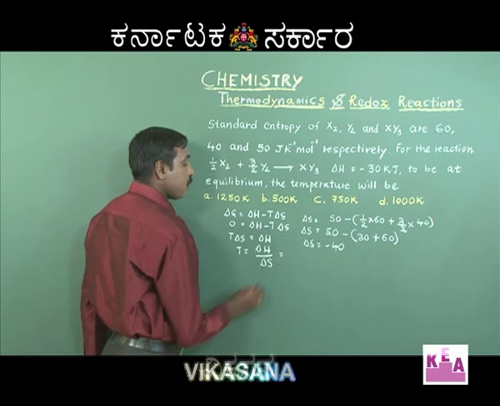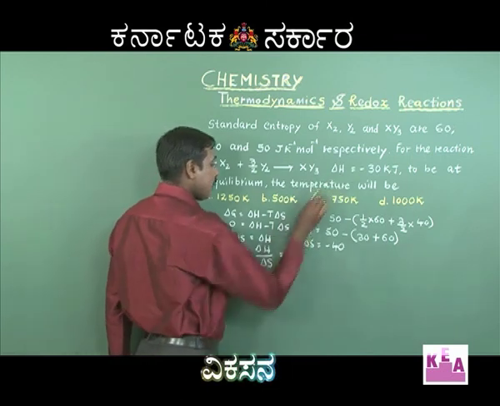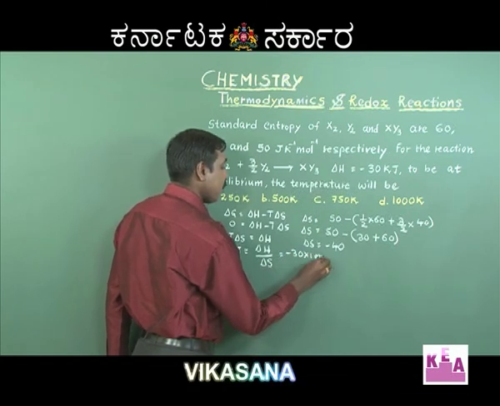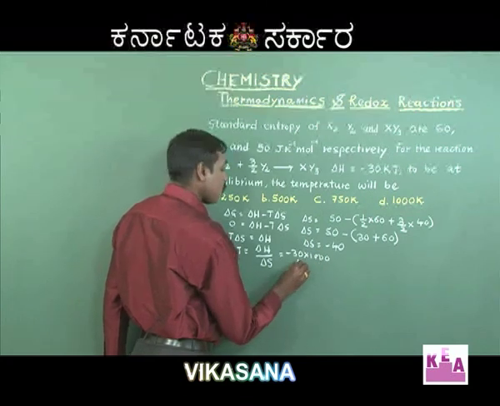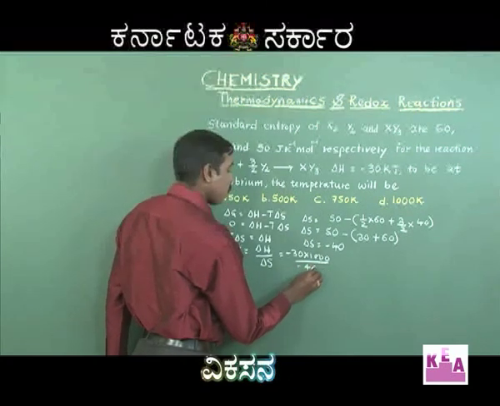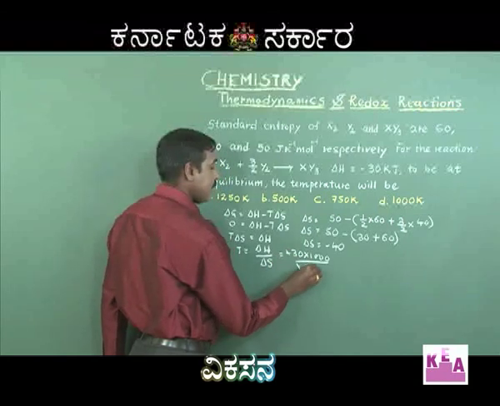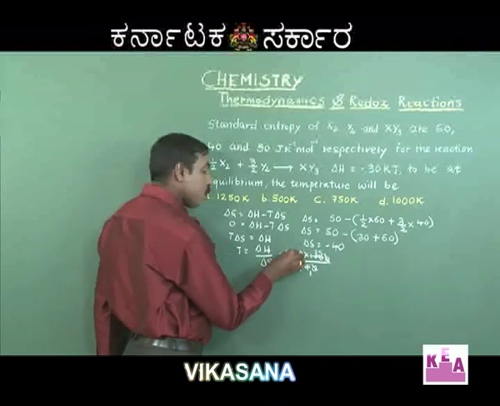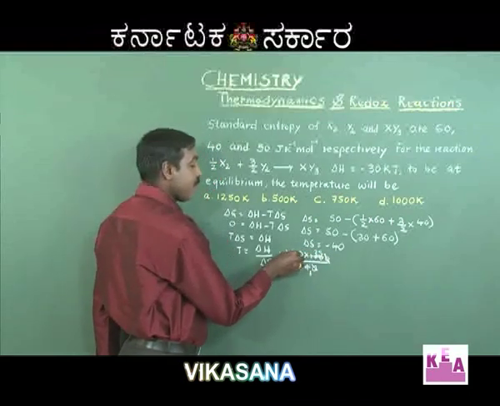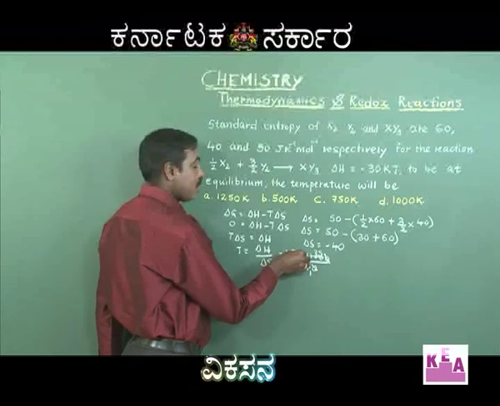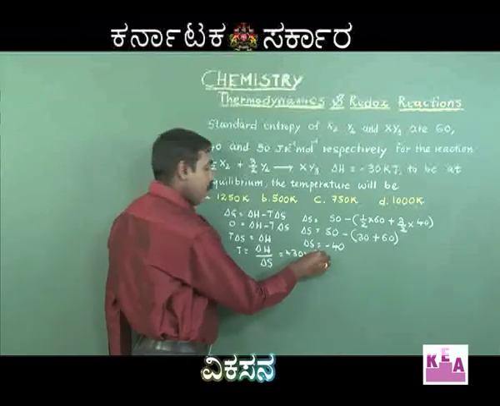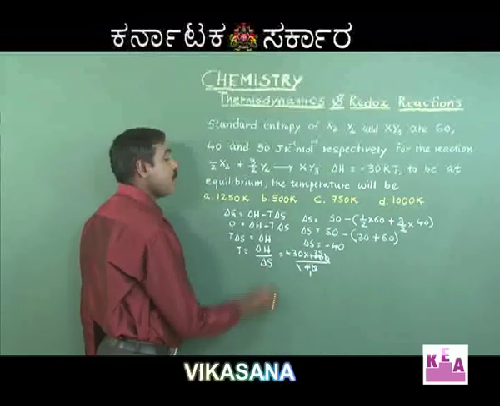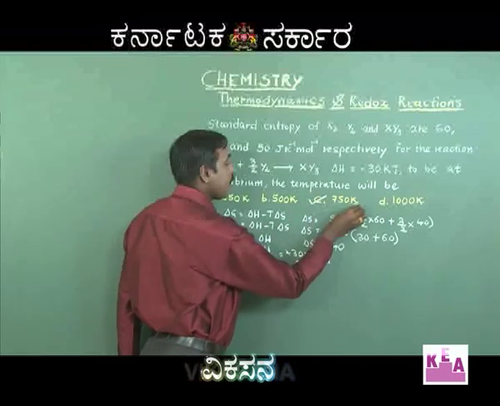Now on substituting, delta H was given as minus 30 kilojoule per mole. I will convert into joule per mole, into 1000, divided by minus 40. The minus signs get cancelled, 4 ones are 25 times, 25 into 30 is 750. Therefore, my right option is option C, 750 Kelvin.